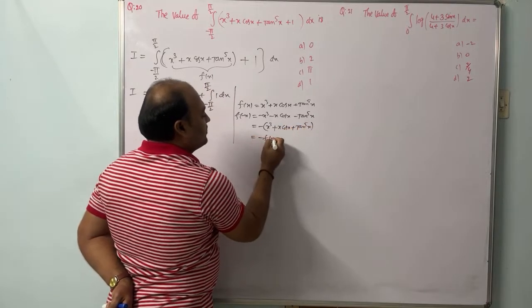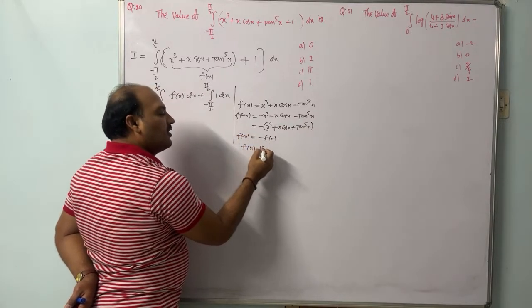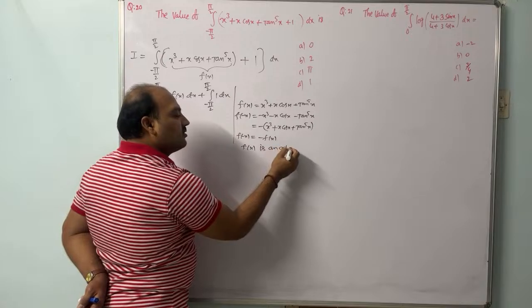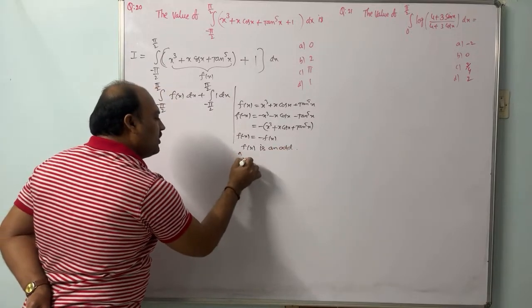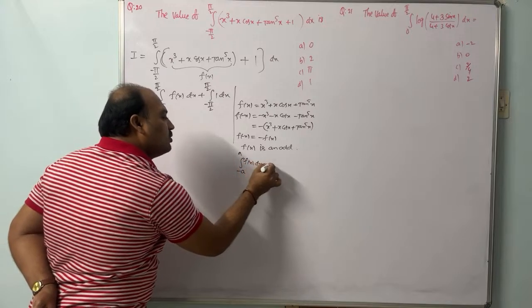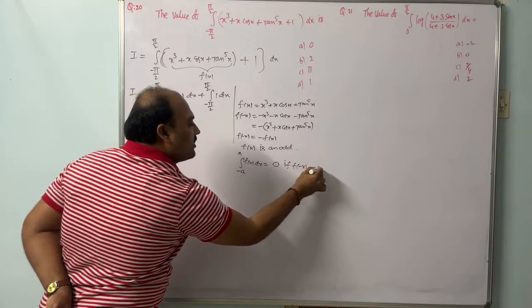So minus f of x, odd function only, no? F of minus x equal to minus f of x. F of x is an odd function. Whenever it is an odd function, by using the property integral minus a to a f of x dx equal to 0, if f of minus x equal to minus f of x.